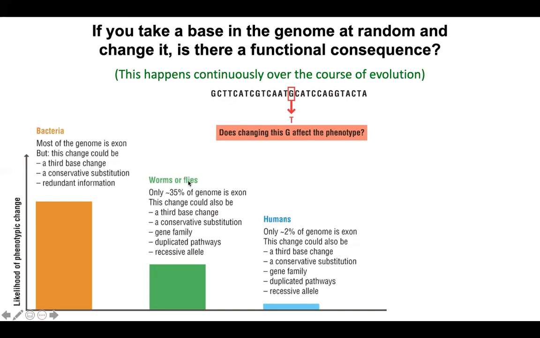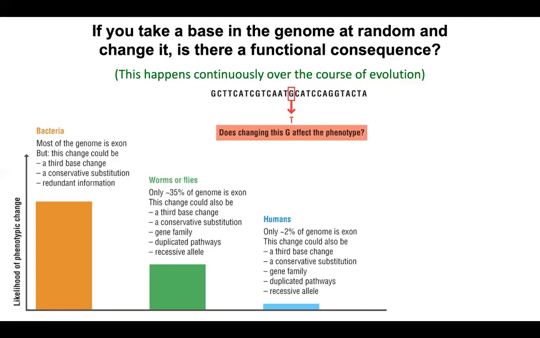All those things also apply to other organisms. We could have a change, but it could again be a synonymous substitution. It could be a conservative substitution. And when it comes to redundant information, there are other things in these organisms, for instance multi-gene families that have genes of similar functions, and duplicated pathways.